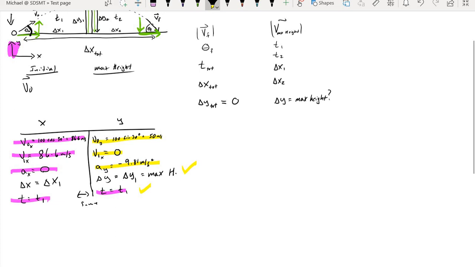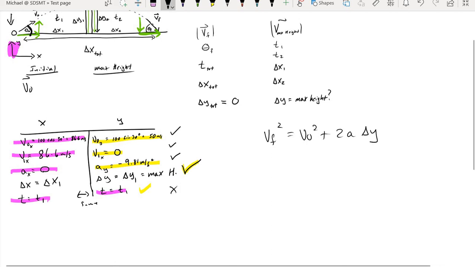I'll start with the maximum height. I want to solve for the maximum height using the given information, which means I need a kinematic equation that leaves out time. We go back to our chart of kinematic equations. The one that leaves out time is this one.